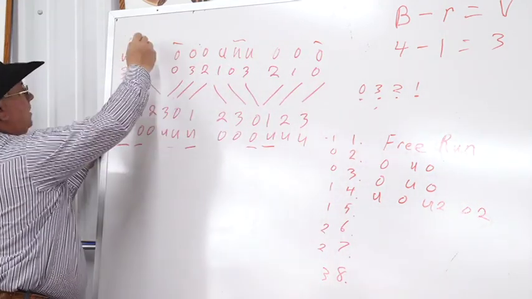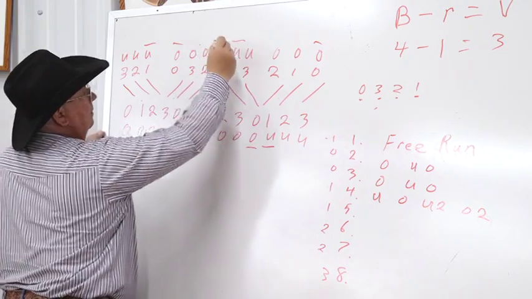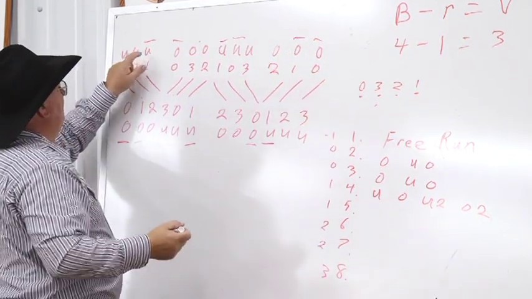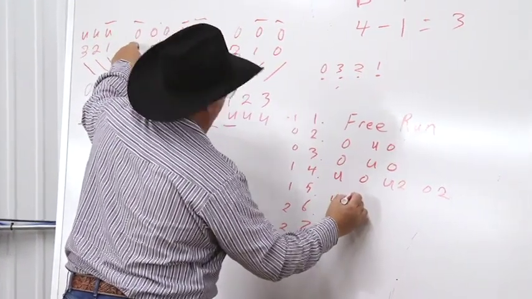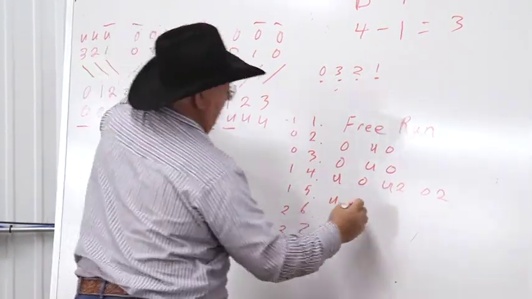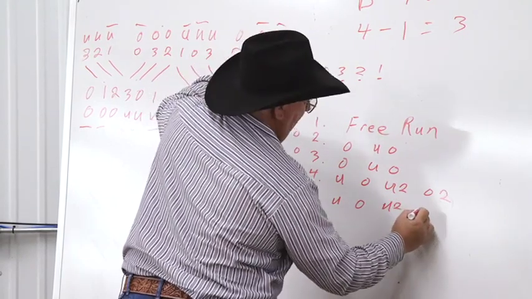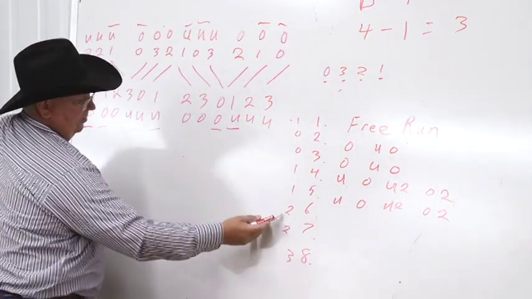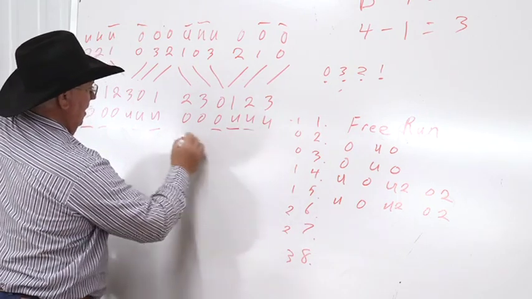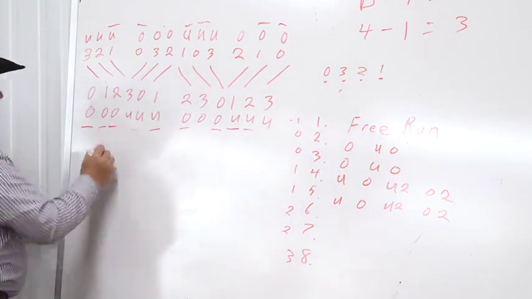Up here looking for 1. We'd have under, over, under 2, over 2. Looking for our 2. One there, one there, one there.